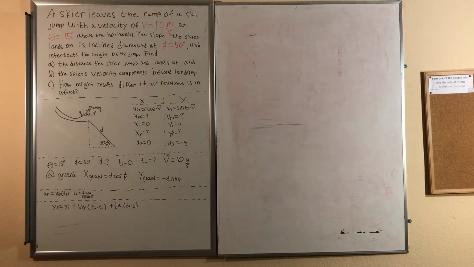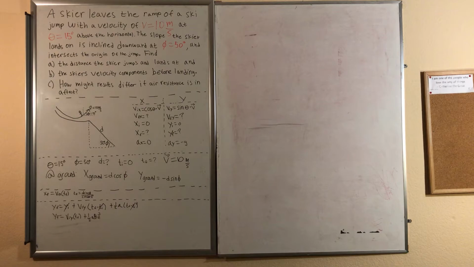For y, y final equals y initial plus velocity initial y times time final minus time initial plus 1/2 times acceleration times time final minus time initial squared. The y initial and time initial are both 0, so cross those out and get the y final to equal velocity initial y times time final plus 1/2 times acceleration times time final squared.